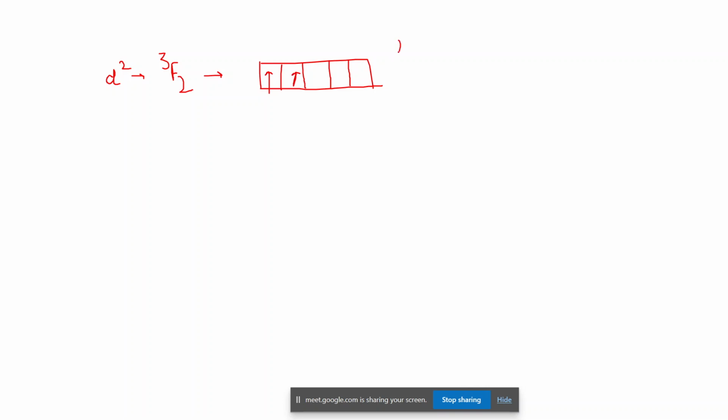The ground state term symbol is represented by 2S plus 1, L, J. So how much is the spin? There are 2 unpaired electrons, so half plus half is 1. 2 into 1 plus 1 comes out to be 3. And what's the L value?